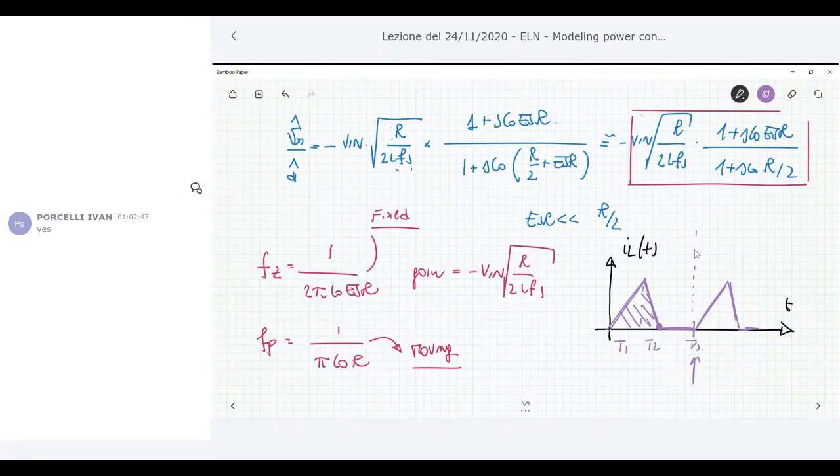Remember that when we talked about the DCM buck boost, or the boost, we derived the conversion ratio, V naught over V in, exactly by taking some energy considerations.